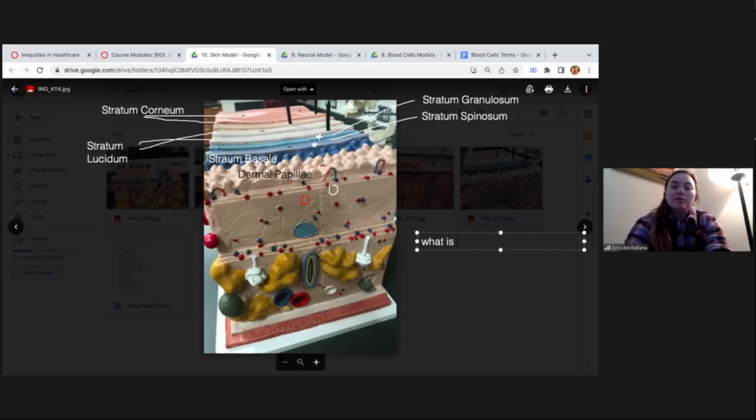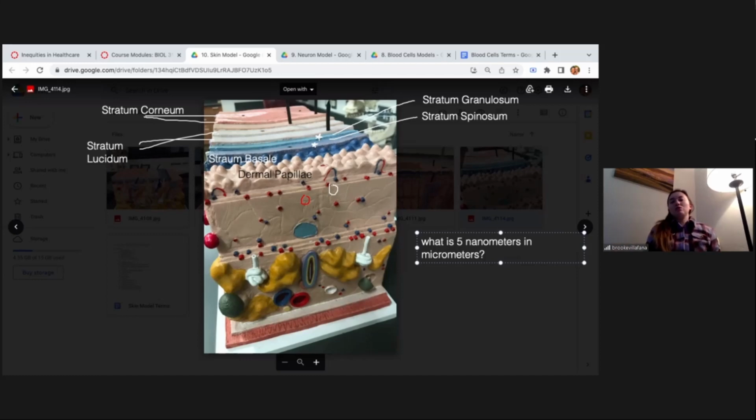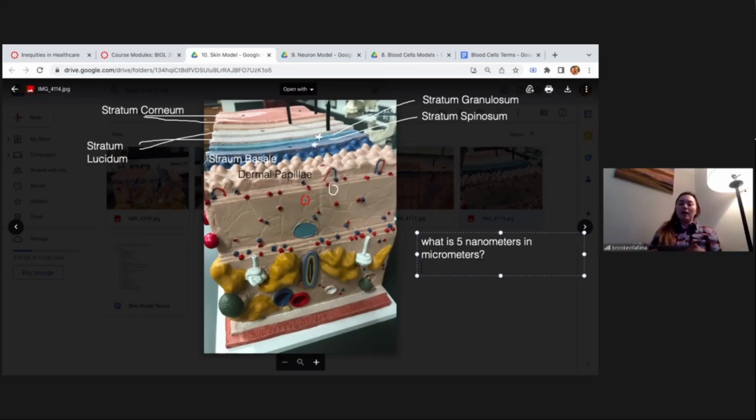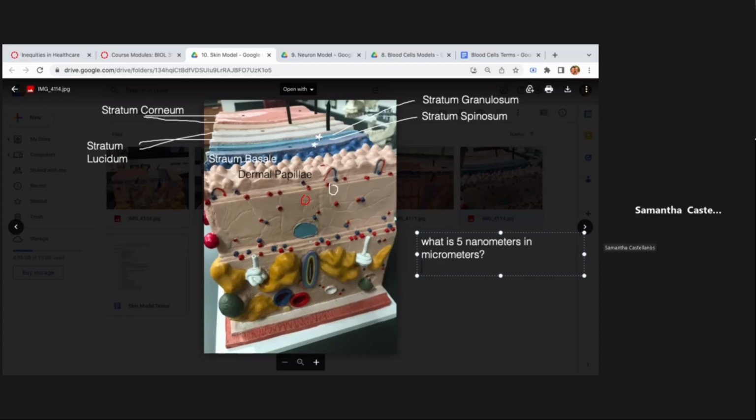So what is 5 nanometers in micrometers? Then you just have to know your abbreviations and set it up. It'll definitely be on both, because on my lecture test I had multiple ones for metric, and also on the lab test I had multiple. So you can expect to see it in both places. Okay. Thank you.